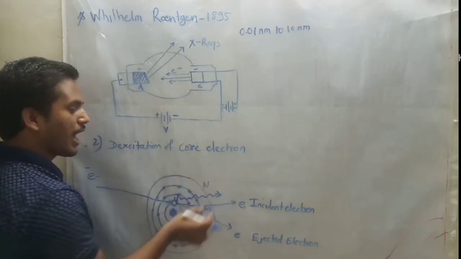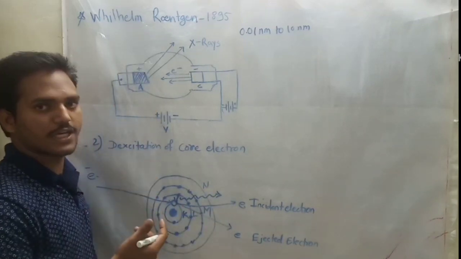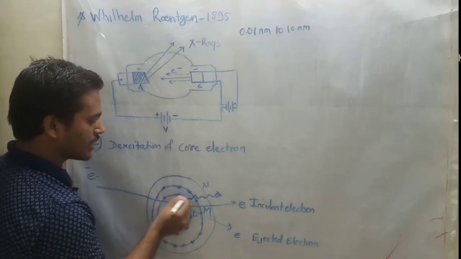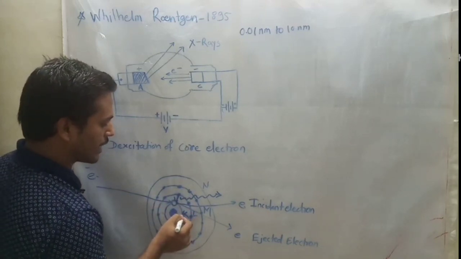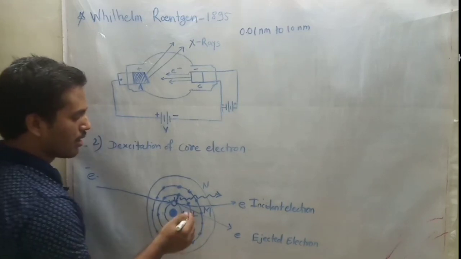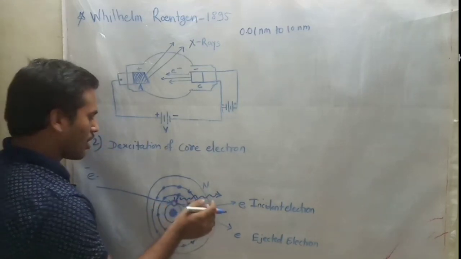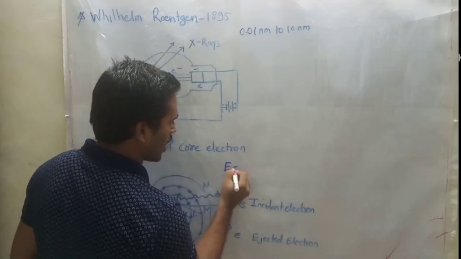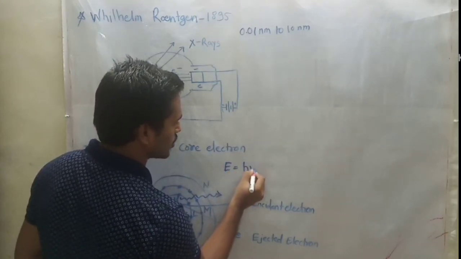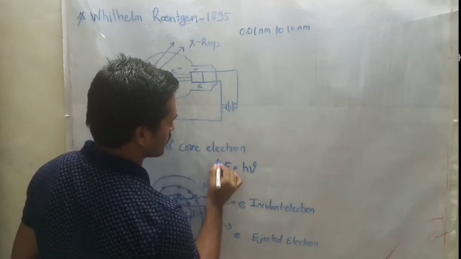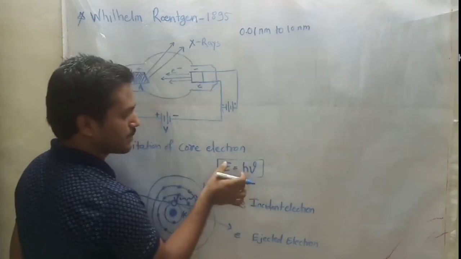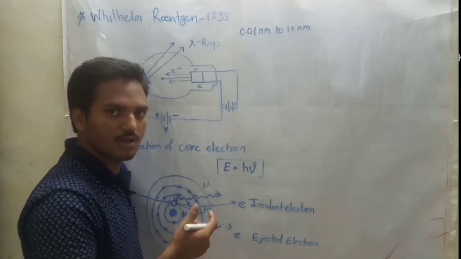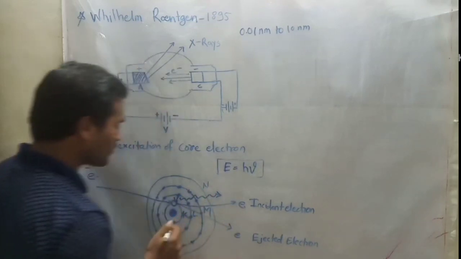This photon has a specific energy and specific wavelength depending upon the energy difference between the K shell and L shell. This photon has energy E equals hν.